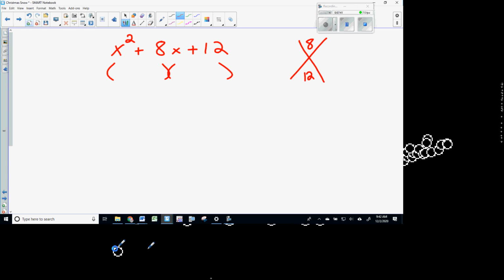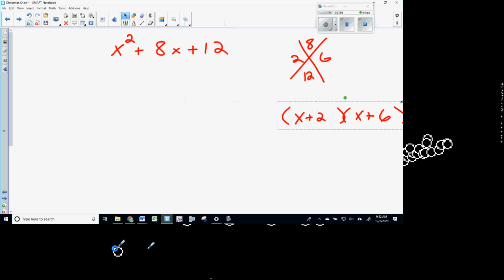What are two numbers that multiply to give us 12 and add to give us 8? 6 and 2. So we know that. Now, let's pretend we didn't know that for a second.